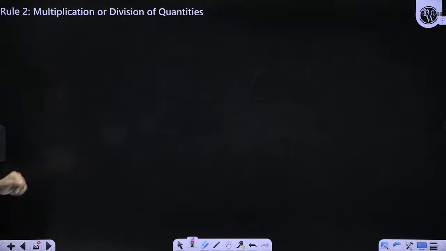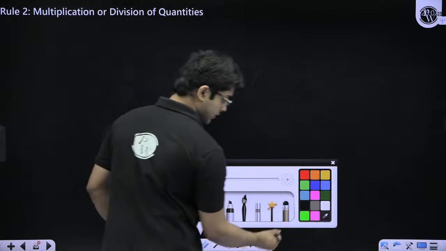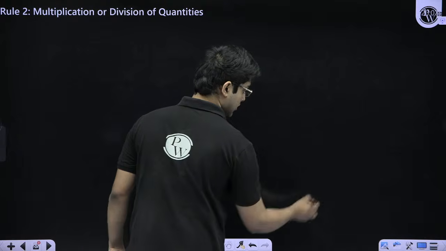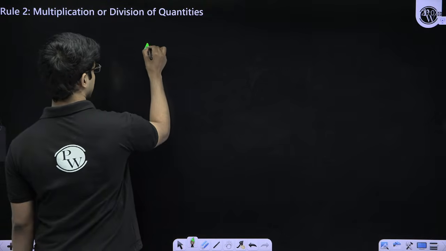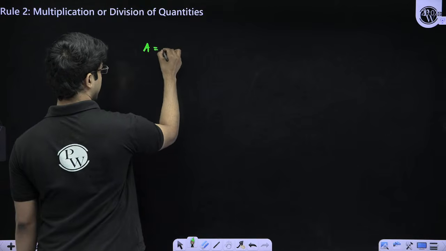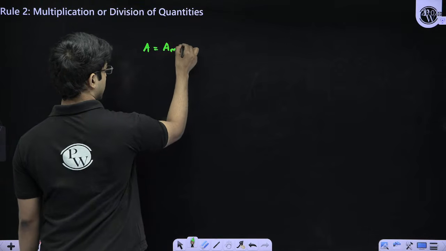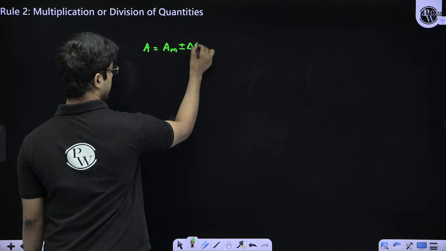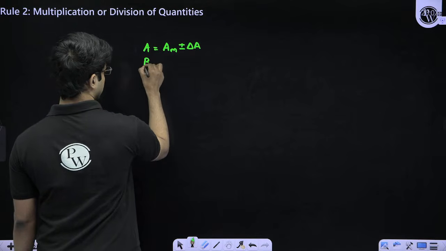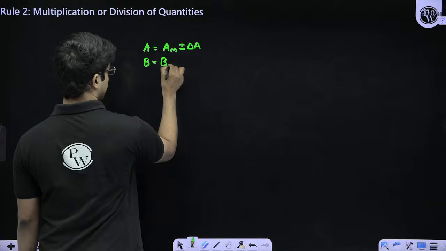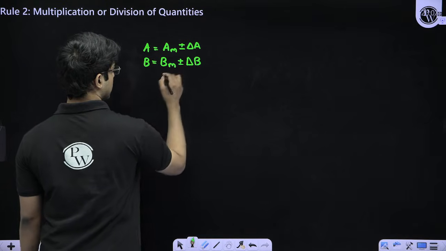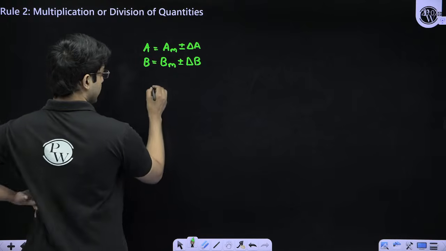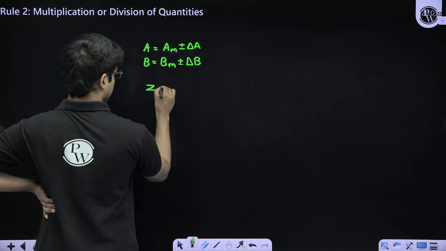Okay, then multiplication or division. This is a bit more complicated. So here also the logic is the same. Let's say we have some A which is AM plus or minus delta A, B which is BM plus or minus delta B, and we are trying to divide them, or multiply them.